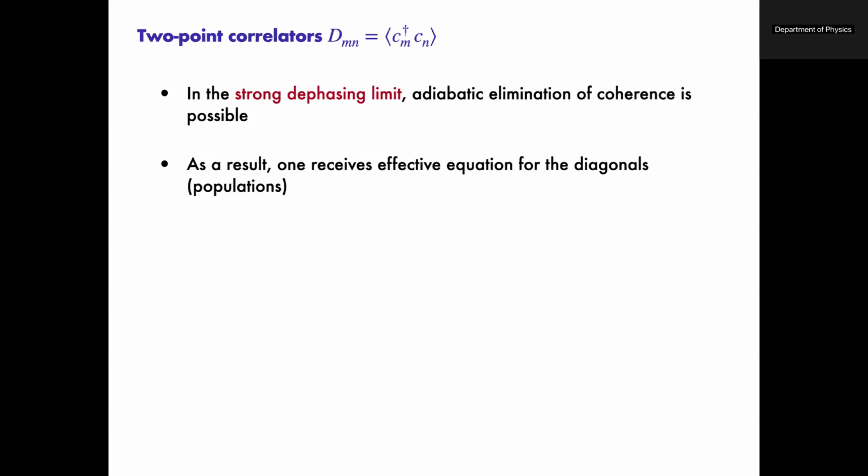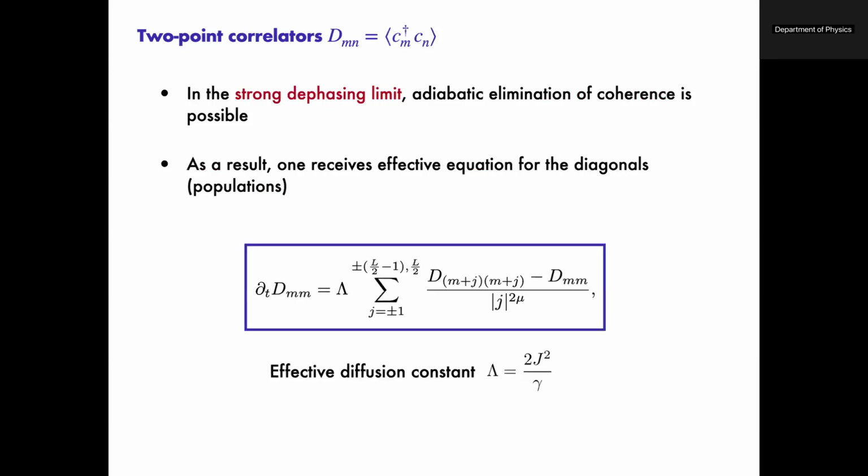You can ask what that dynamics is. I'm getting rid of all the off diagonals, and you can show that they don't contribute. So there is an effective dynamics just for the diagonals, which for the 2 point correlator is nothing but the local populations.